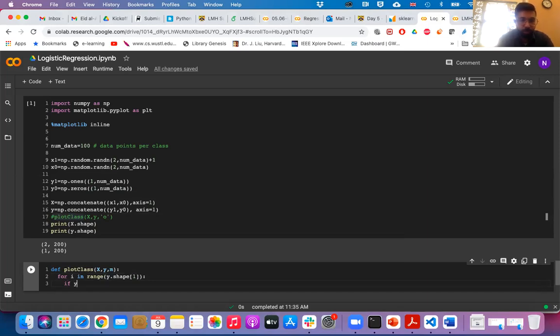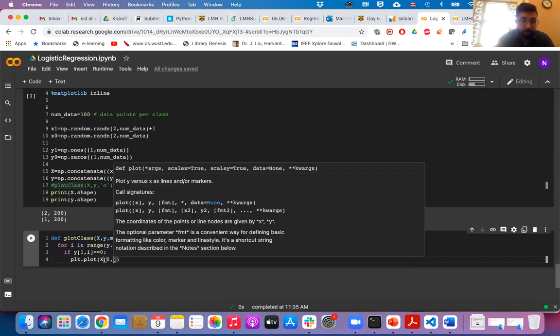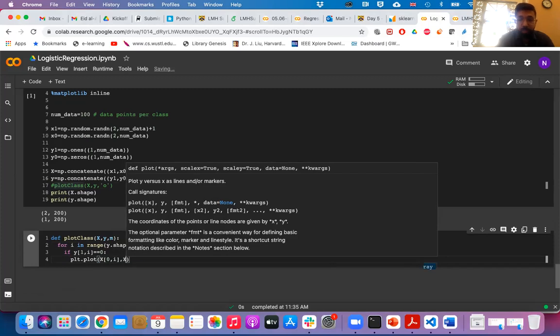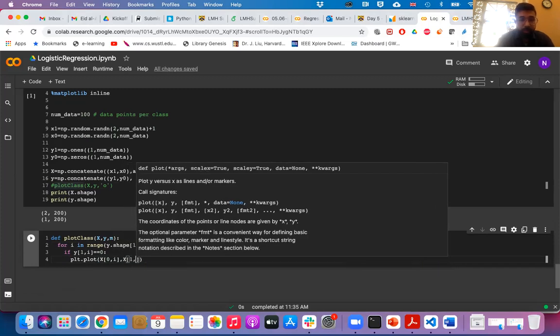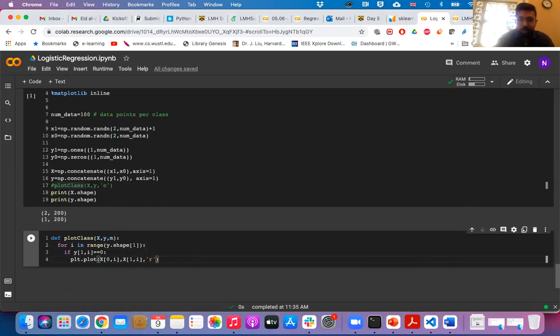And then I have two conditions. If Y of 1, i is equal to 0, then plot the x1 component of the ith column of the data, and the x2 component of the ith column of the data, with a red color and a marker.